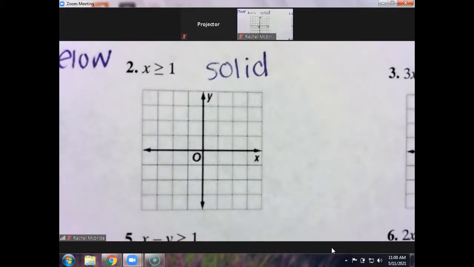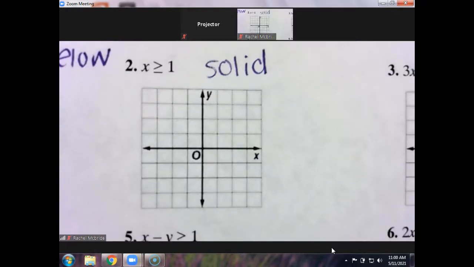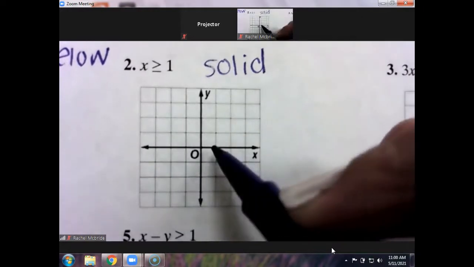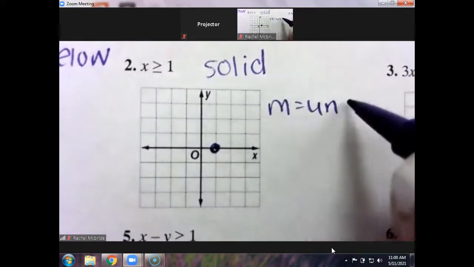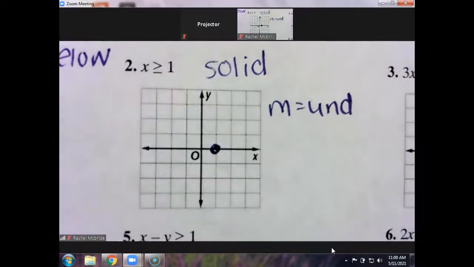The slope in this case is actually undefined because this is a special line. I am going to use the number 1 though. The number 1 represents my x-intercept. So if my slope is undefined, what direction does my line go? All right, Madison, what do you think?